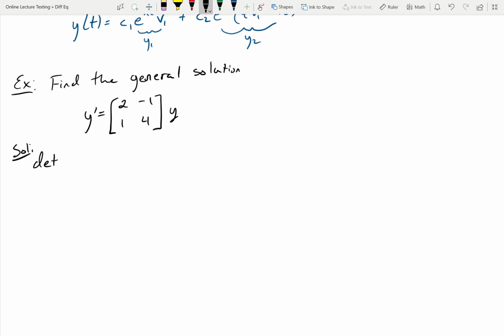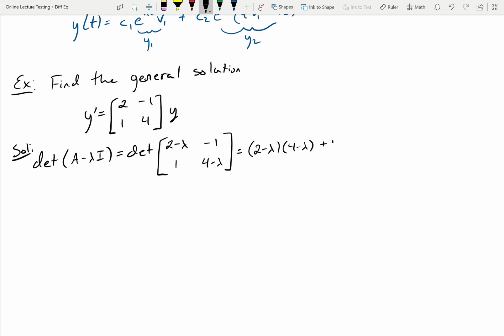So again, pause the video for a second. So we're going to find the determinant of A minus lambda I. So we got 2 minus lambda, negative 1, 1, 4 minus lambda. So when we multiply these, we're going to get 2 minus lambda, 4 minus lambda, plus 1. We want this to equal 0.